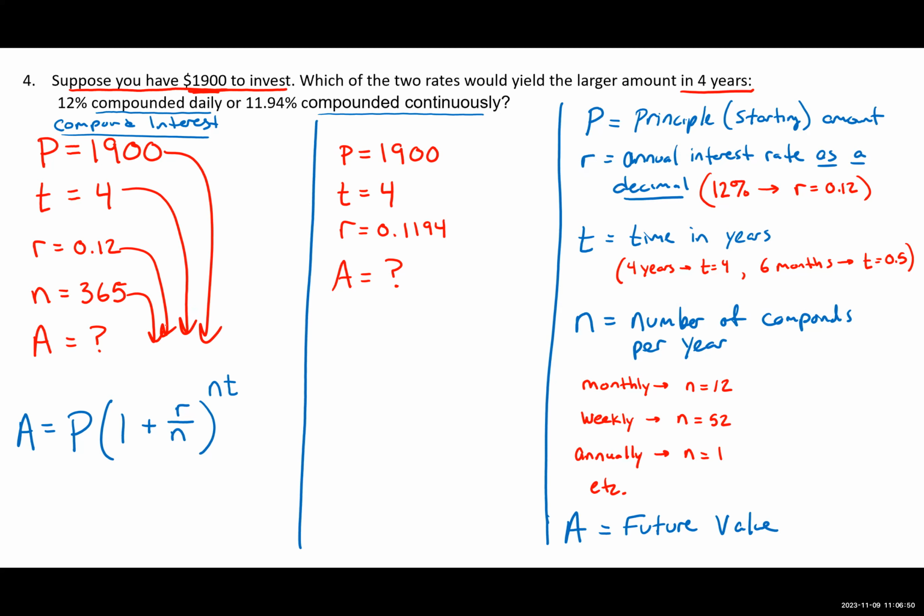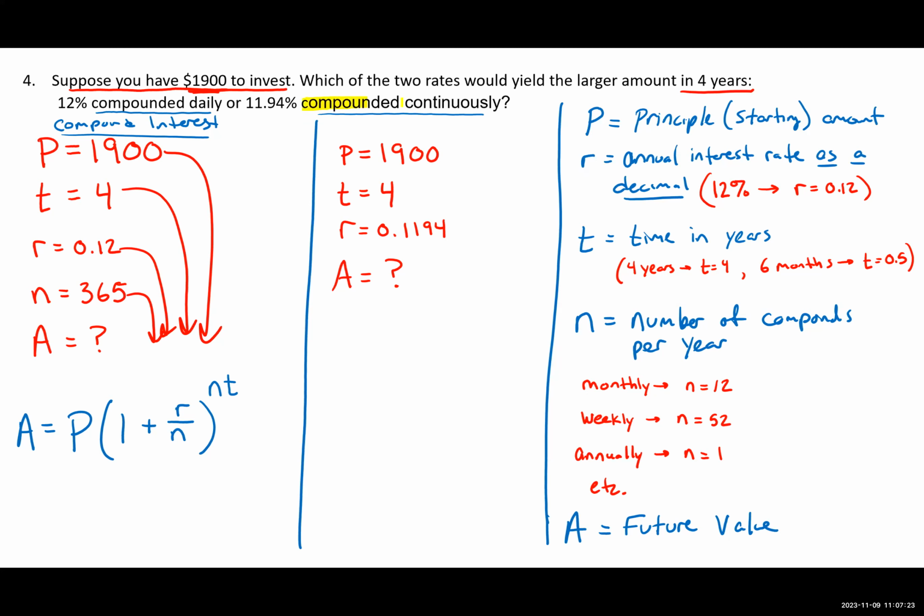Okay, so we'll get to that. The other type of interest is one in which there is no time between recalculating interest. It doesn't happen once a year, twice a year, 12 times a year, 52 times a year. It happens at every instant, continuously.